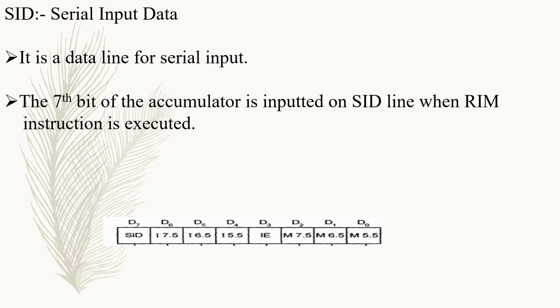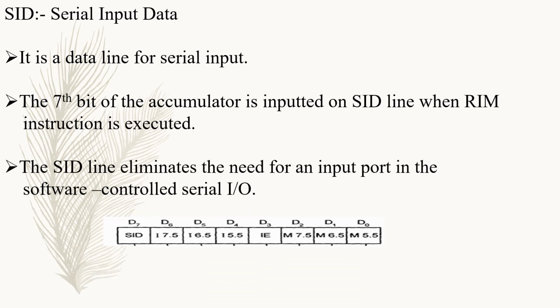Again, in order to transfer the data in a serial way, we execute the RIM instruction and make the seventh bit active. When the RIM instruction is executed, the 8-bit pattern will be formed in the accumulator. So we have to make the seventh bit of the accumulator high.